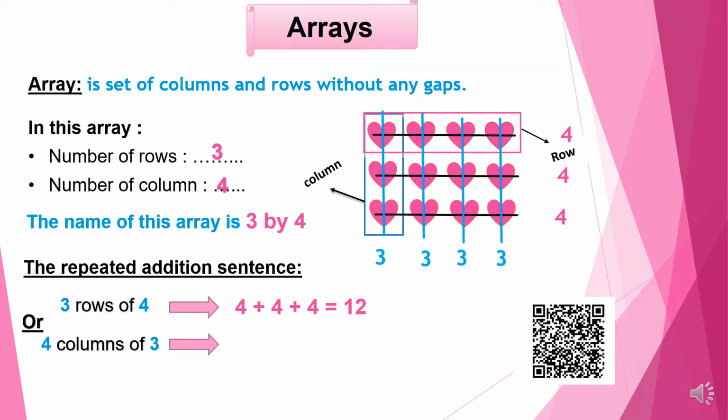So if I want to write the repeated addition sentence when I count by columns, I can say 3 plus 3 plus 3 plus 3, 4 threes. Okay, 4 threes. I will add all of them. It also equals 12. So if I write the repeated addition sentence by rows, it will be the same number as when we write by columns.